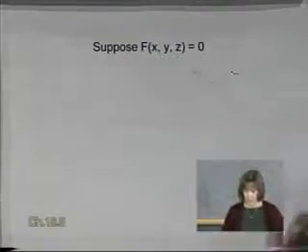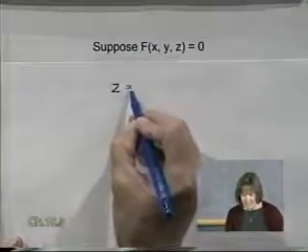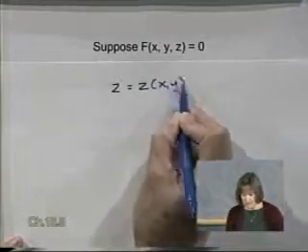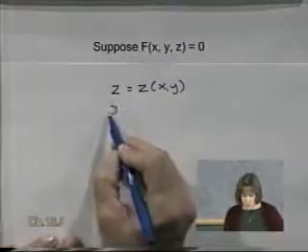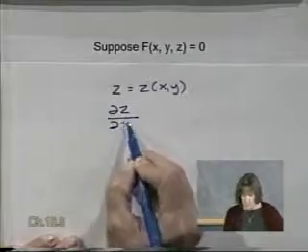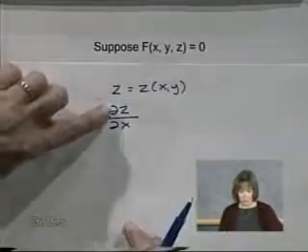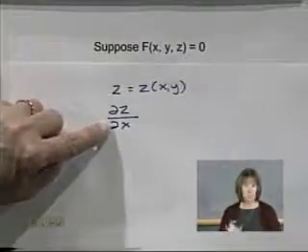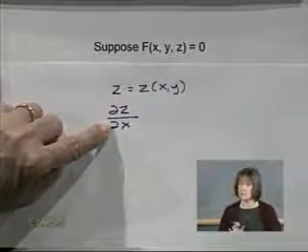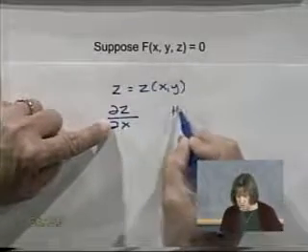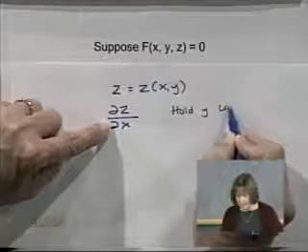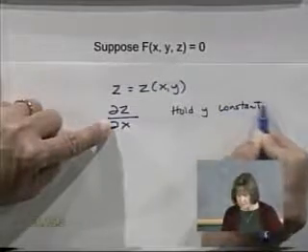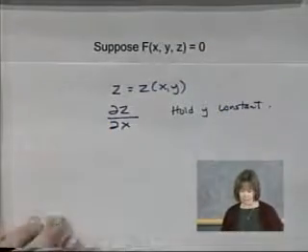All right, now, we are going to assume that z is a function of x and y. So suppose we want to get the partial of z with respect to x. Now, if you take the partial of z with respect to x, what do you hold constant? Aha! Hold y constant. So what I do is this.